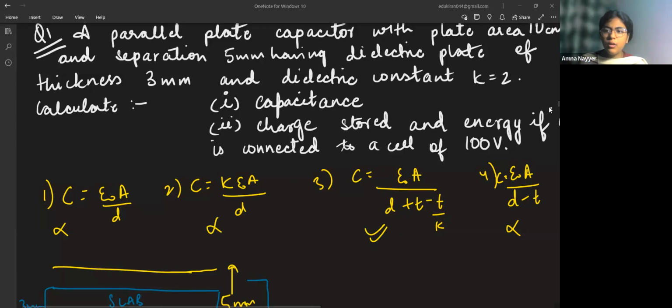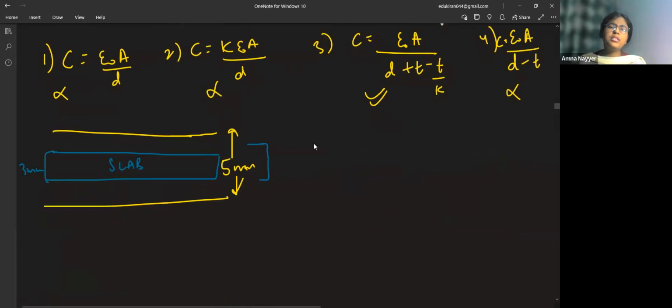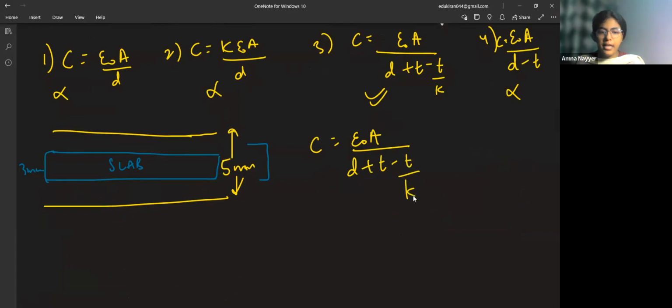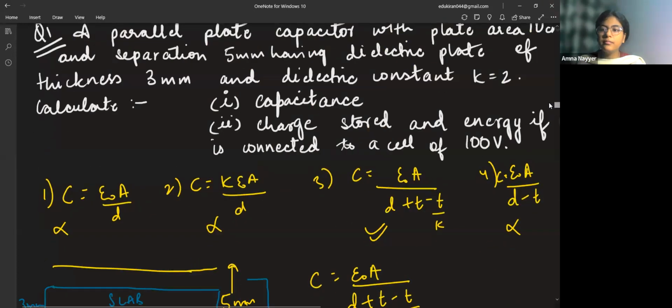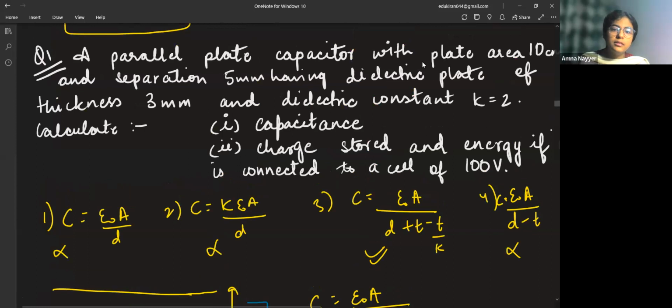So C is equal to epsilon naught A by D plus T minus T by K. Now this is just a formula based question. Now area, what is the value of area that I should put? Yes, Homam. 10 centimeter.